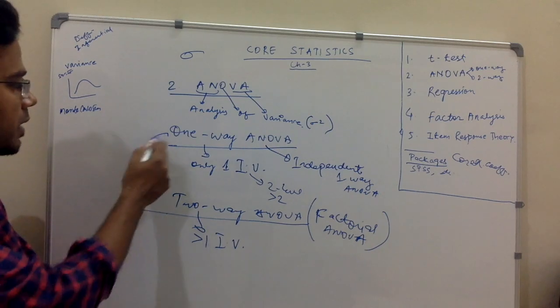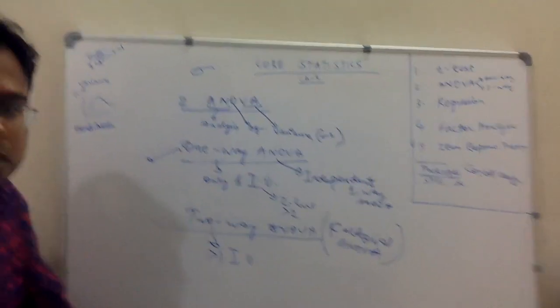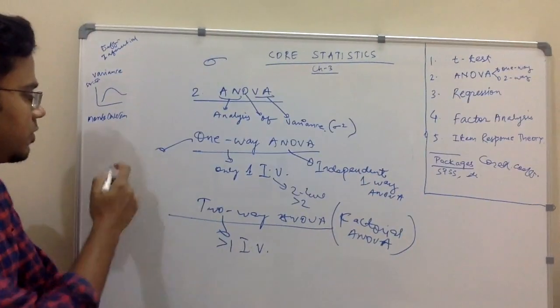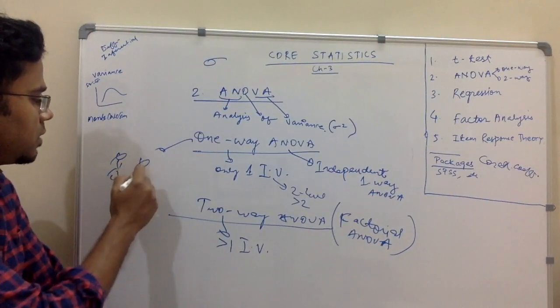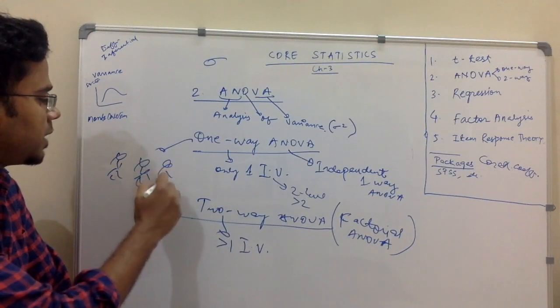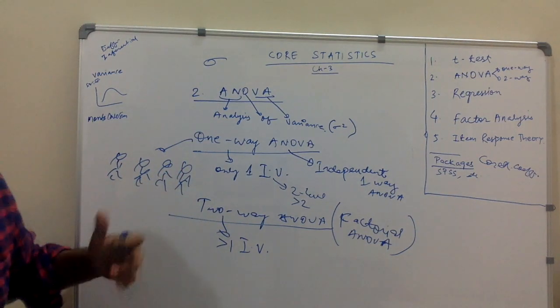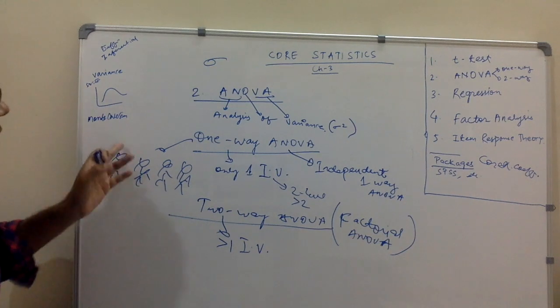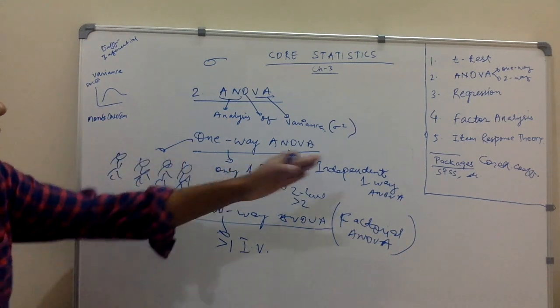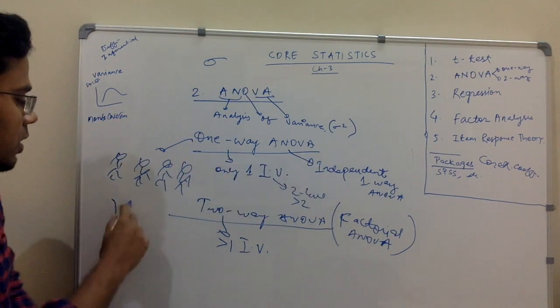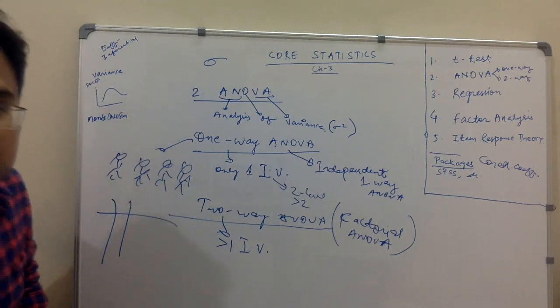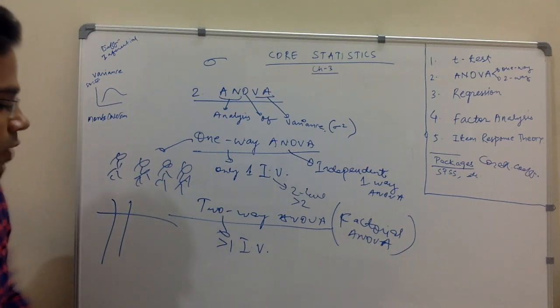That means, let's say, there would be 5 people on whom this experiment is being carried out. So for this independent variable of noise and stress, there would be different individuals on whom it is being carried out, and you have data for all. That would be independent one-way ANOVA.